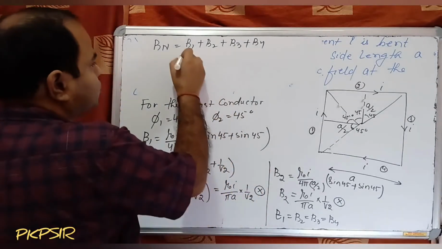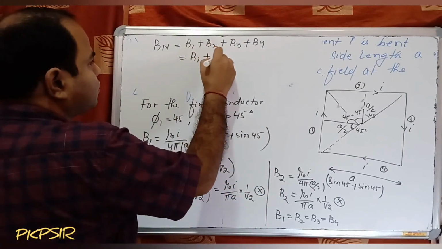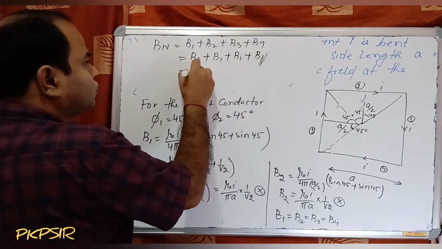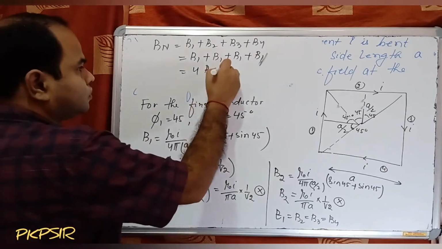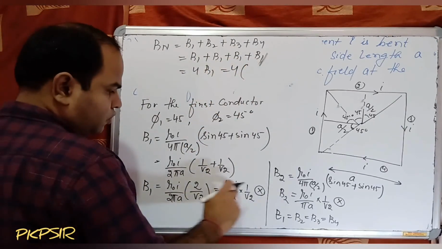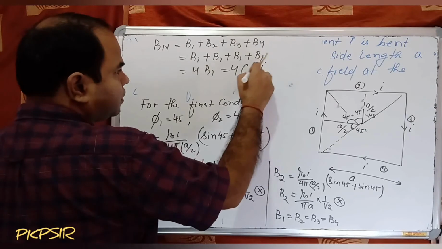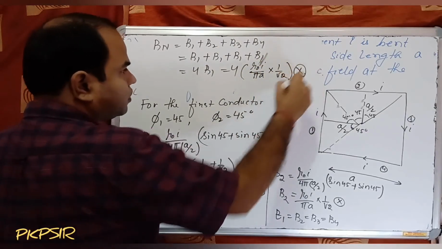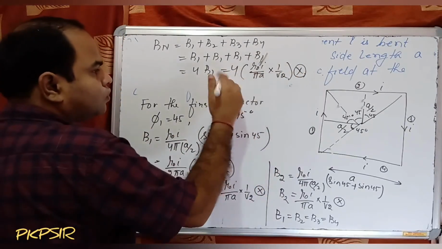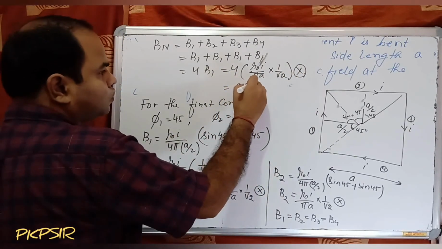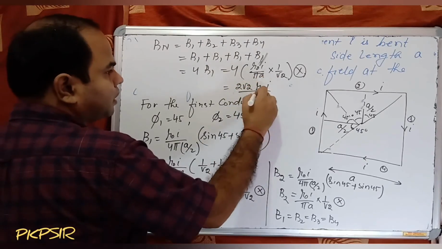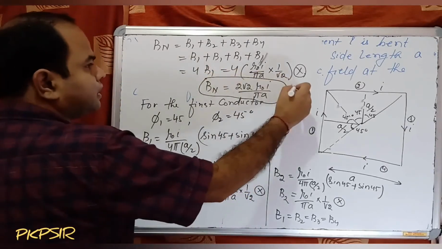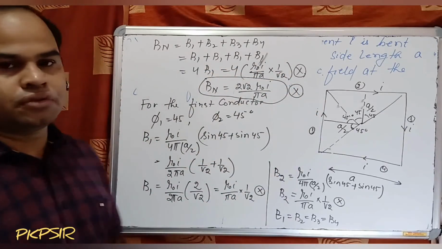All are equal, so write B1 plus B1 plus B1 plus B1, that is 4 B1. That is 4 times mu naught I by pi A into 1 by root 2, direction inward. 4 by root 2 gives 2 root 2, so B net is 2 root 2 mu naught I by pi A. So this is the value of B net, and the direction is inward.